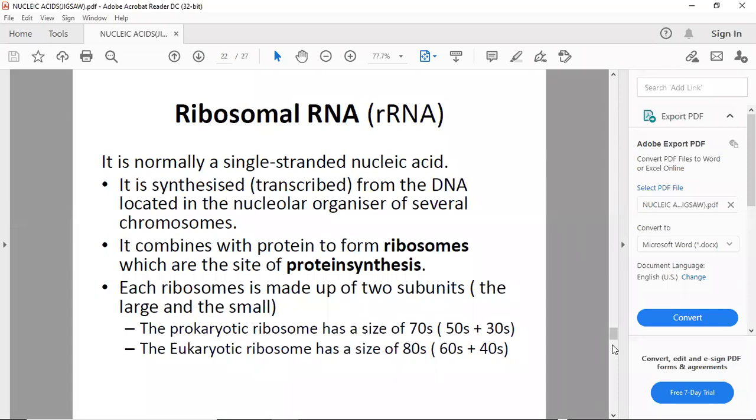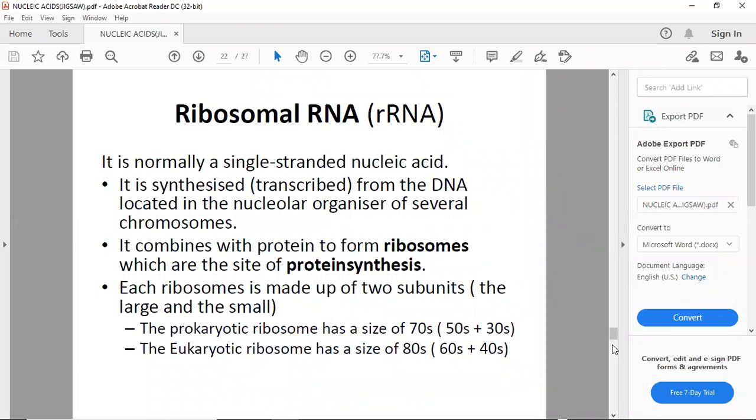Each ribosome is made up of 2 subunits, a larger subunit and a smaller subunit. Prokaryotic ribosomes, which are found in prokaryotes or single-celled organisms, are 70S. So you have the larger subunit of 50S and the smaller subunit of 30S, giving us 70S.